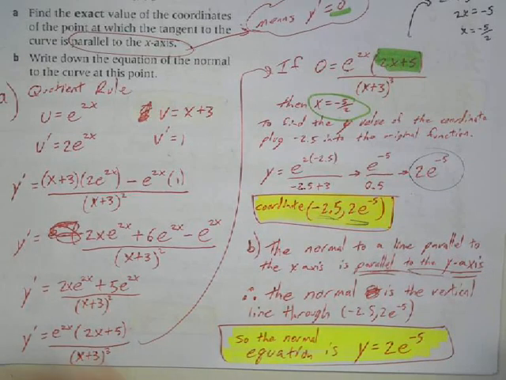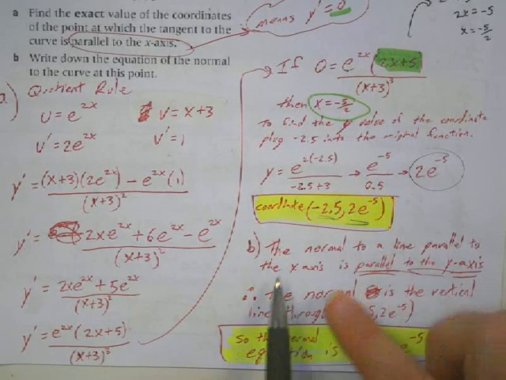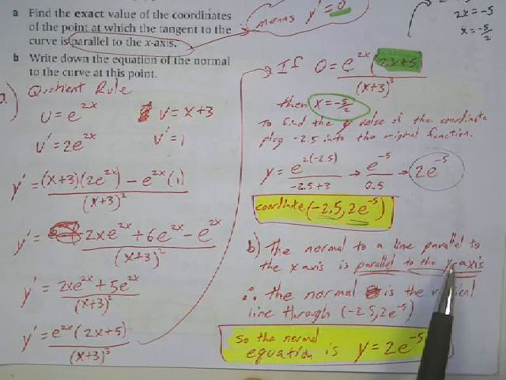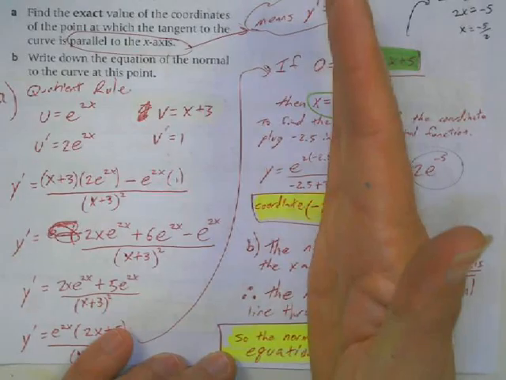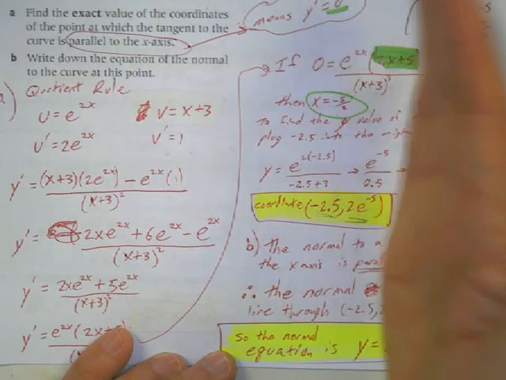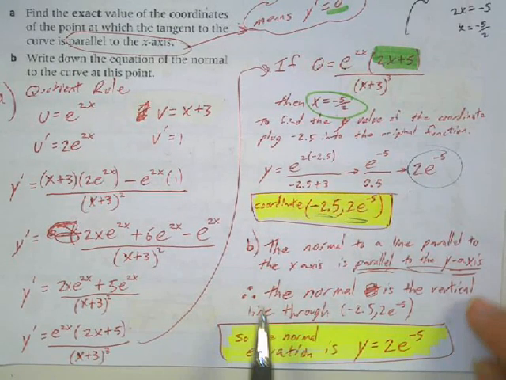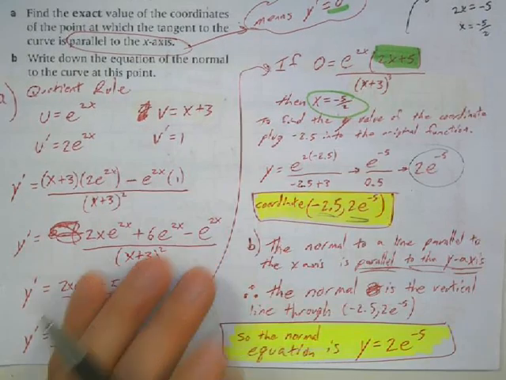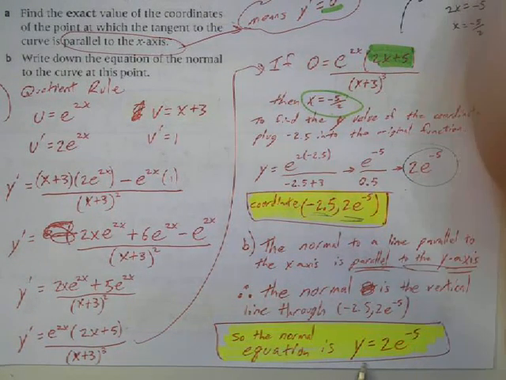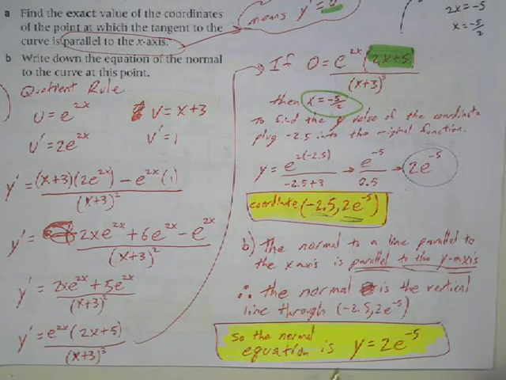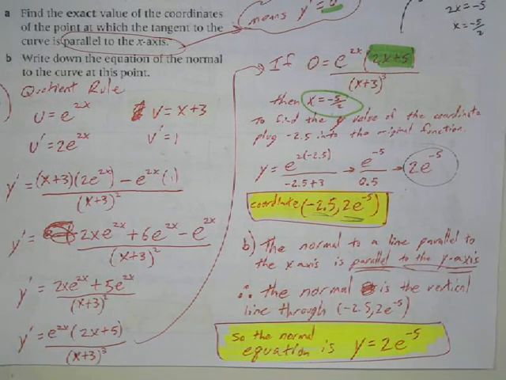Okay, now the normal of a line that is parallel to the x-axis, the normal is going to be straight up and down. If the normal is straight up and down, then that means the slope is going to be undefined, and basically it's a vertical line that goes through this y value. You might want to hit rewind and listen to that again. Okay.